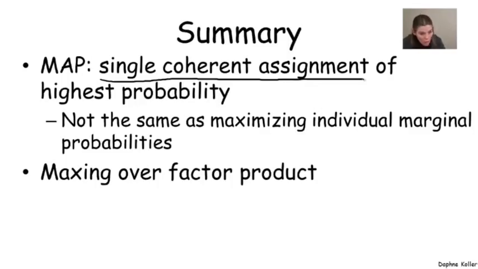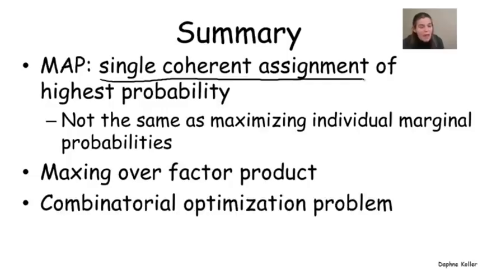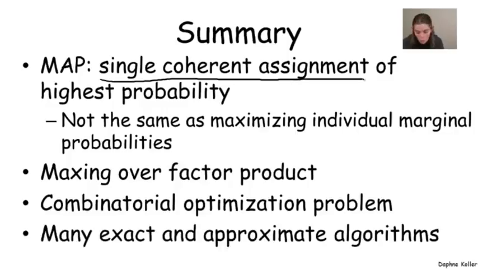One can reformulate this problem as one of finding the max over factor product, and this is a combinatorial optimization problem which admits a whole range of different solutions, some of which are exact and others approximate.